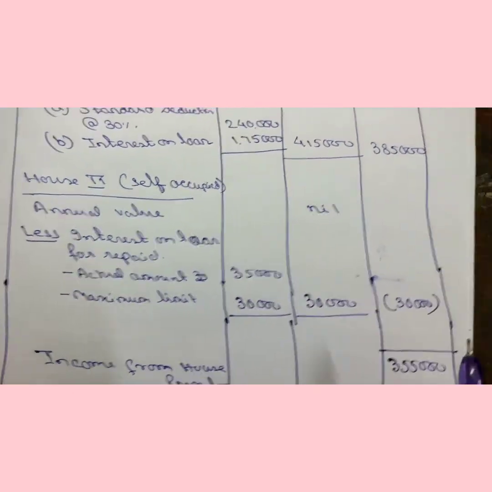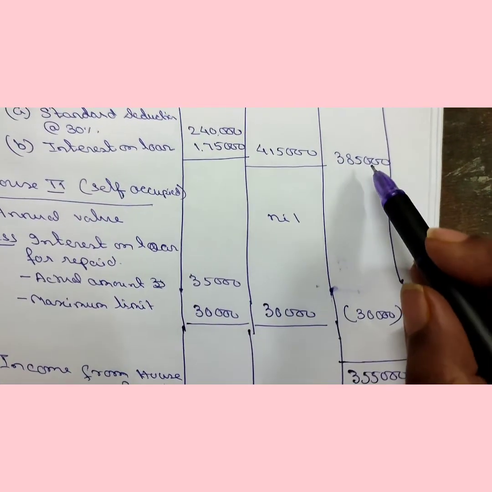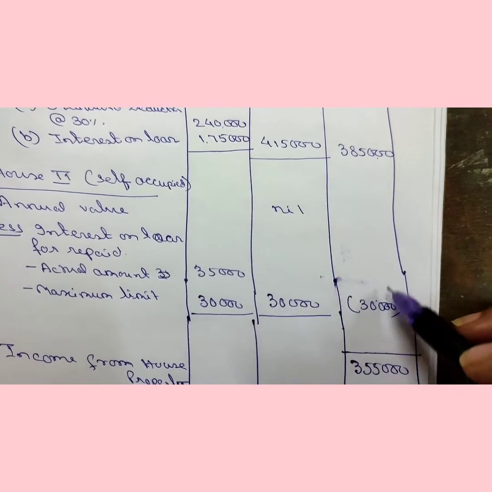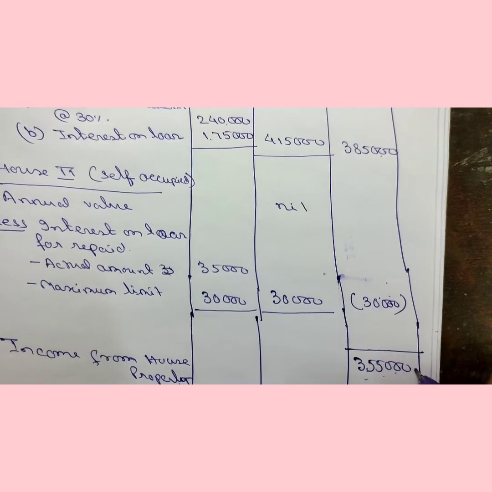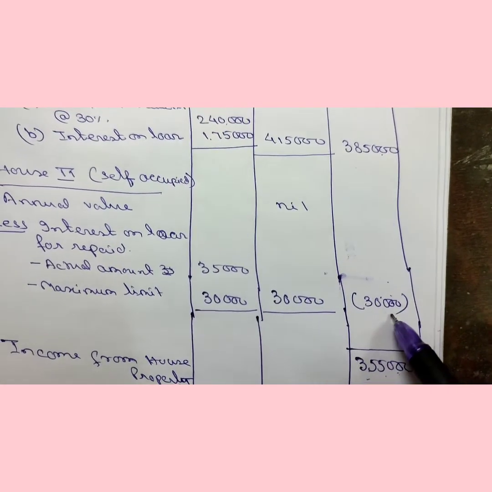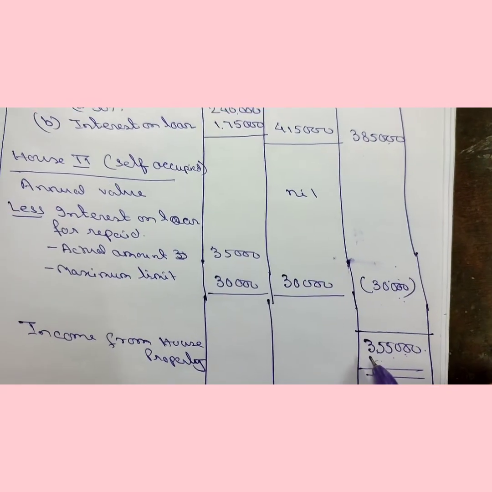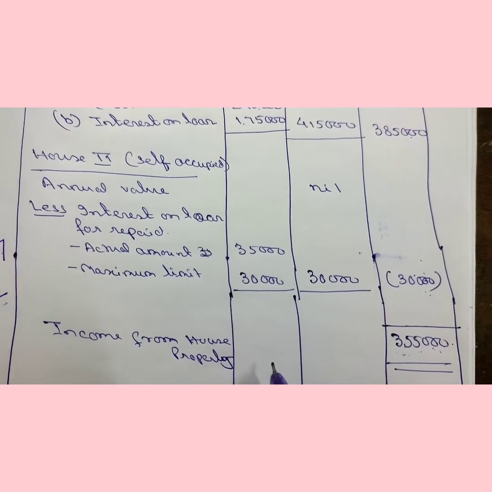So here this is the positive amount and this is the negative amount. So positive and negative, it will deduct and it will come 3,55,000. So income is more, loss is less, so the result will be income of 3,55,000. This is the income from house property.